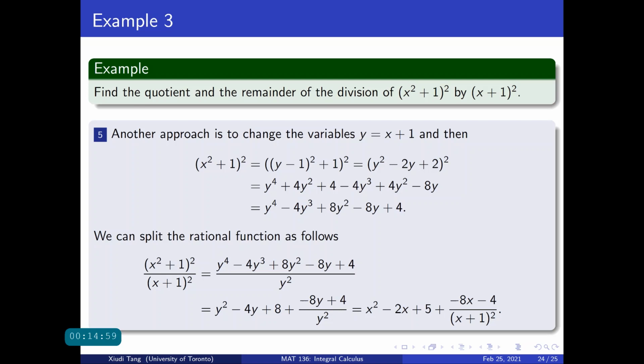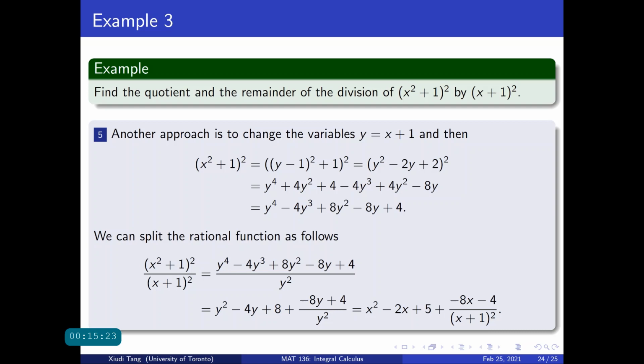So the squares of the three terms give y to the fourth plus 4y squared plus 4, and two times the cross terms give minus 4y cubed plus 4y squared minus 8y, and I'll get this. So the rational function becomes a very simple denominator y squared, and a long numerator.